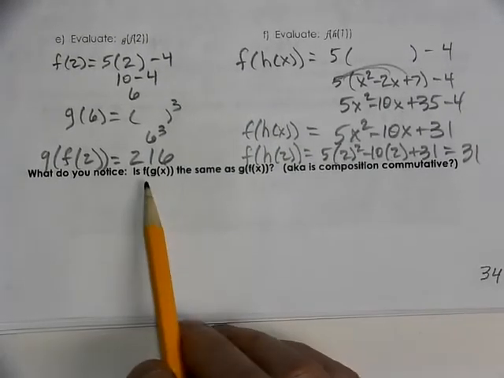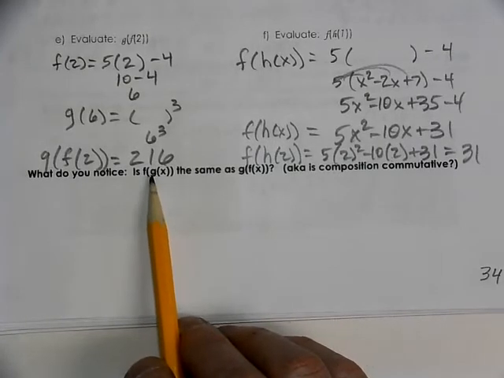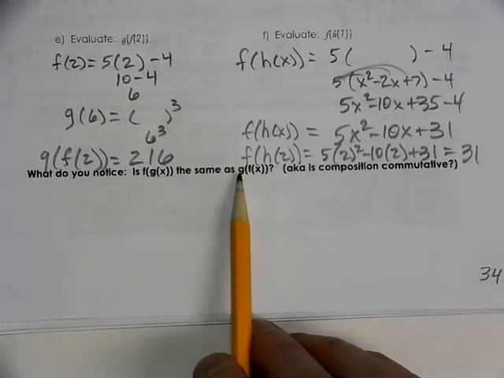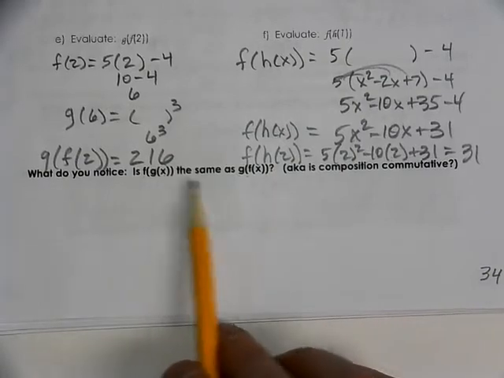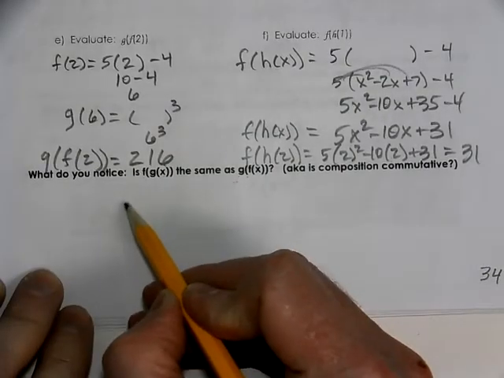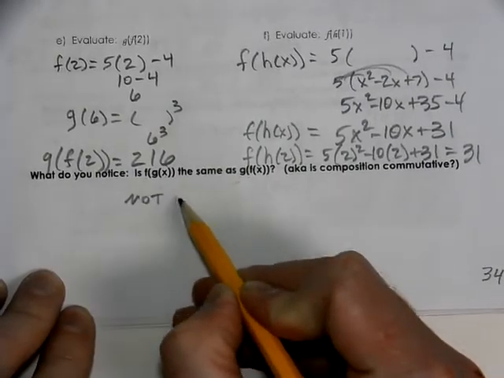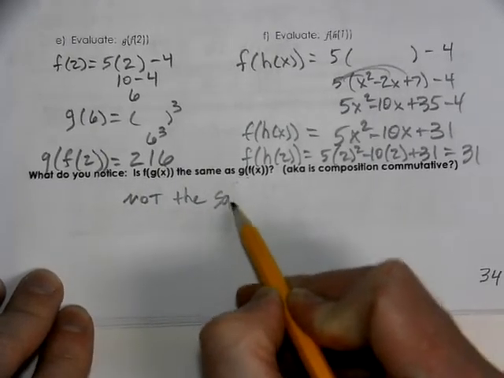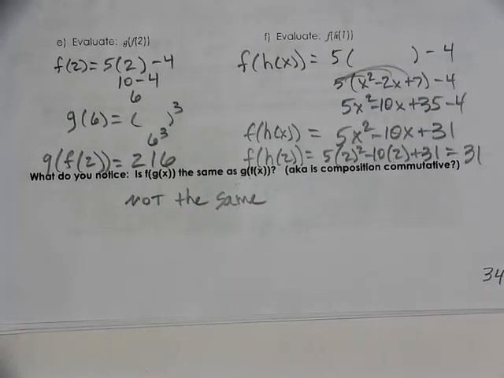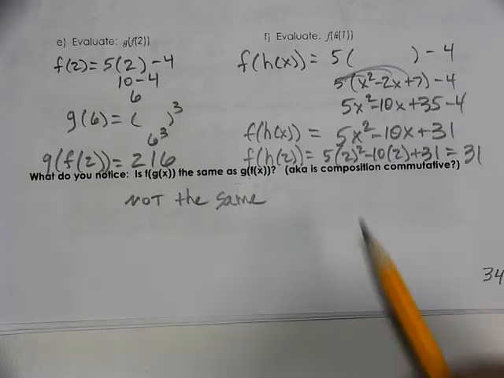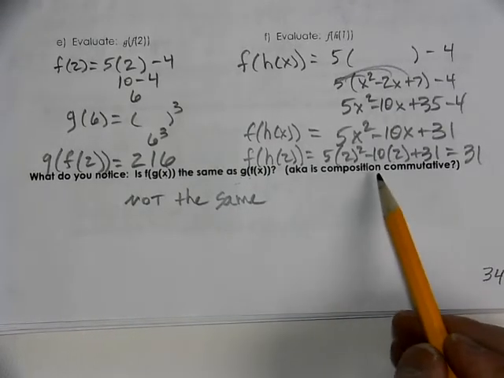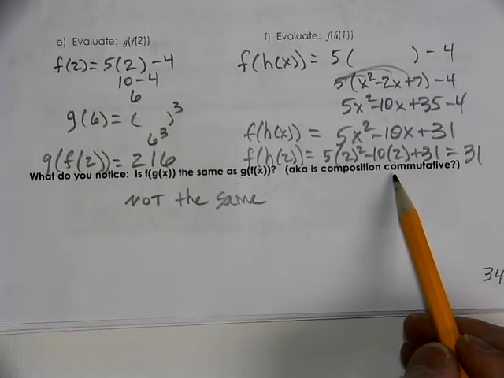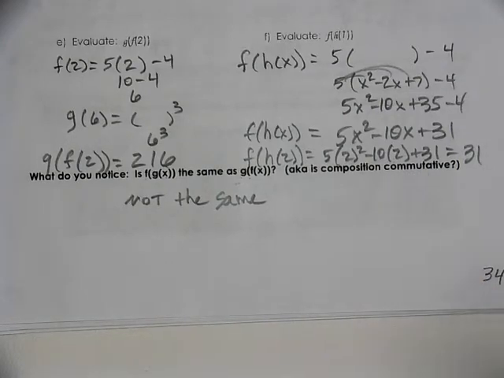What we've noticed so far is that f of g of x and g of f of x are not the same. So composition is not commutative.